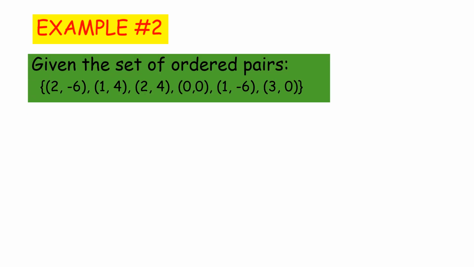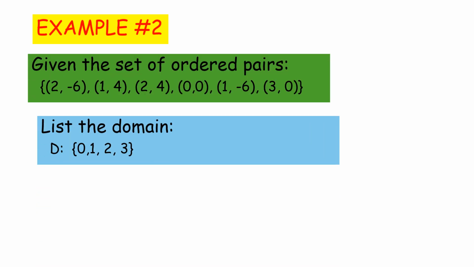Example 2. Now we have a relation, set of ordered pairs, you would say. So given the set of ordered pairs, you have 2, -6, 1, 4, 2, 4, 0, 0, 1, -6, 3, 0. State the domain. So remember, we're not supposed to repeat.